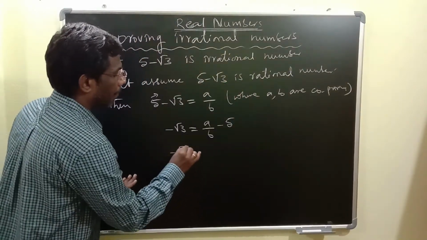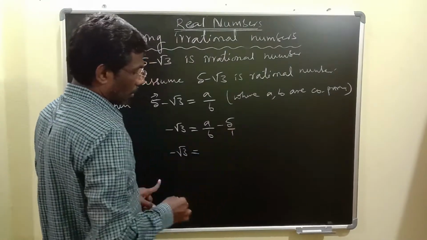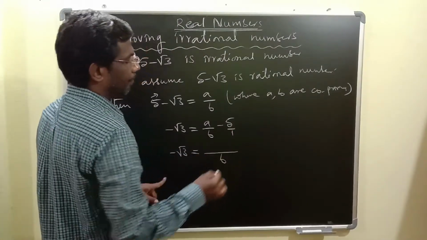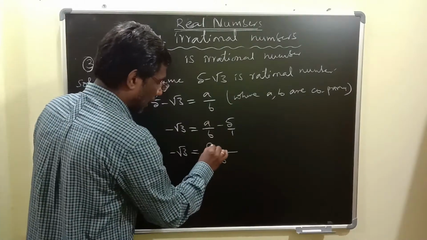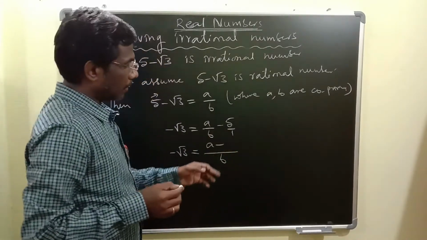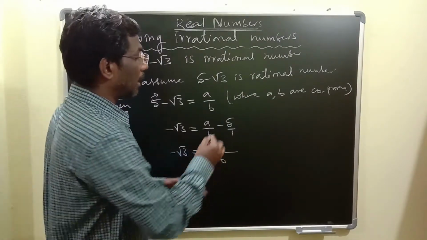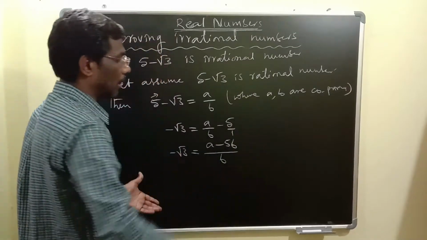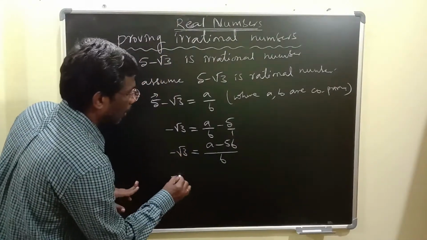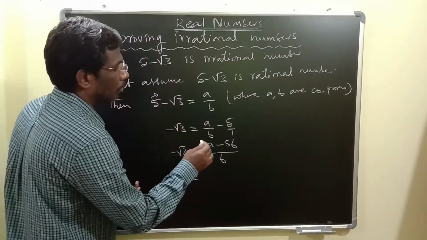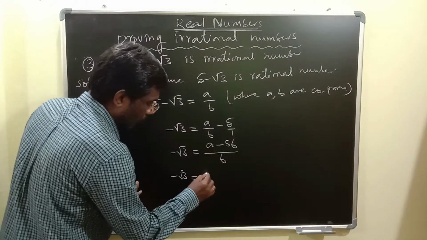You keep as it is this minus root 3 and write A by 1, do LCM. B divides with B one time, 1 is A. Next, B divides with 1 is B, times B into 5 is what? 5B. Next, minus root 3 is equal to, take minus common from this. So what you can write?